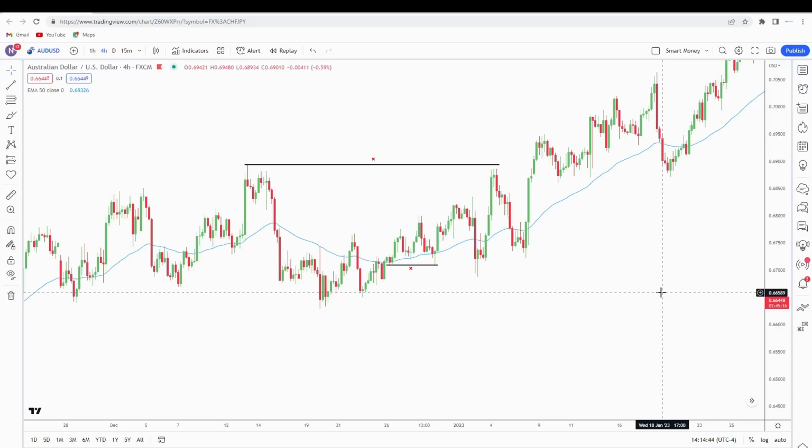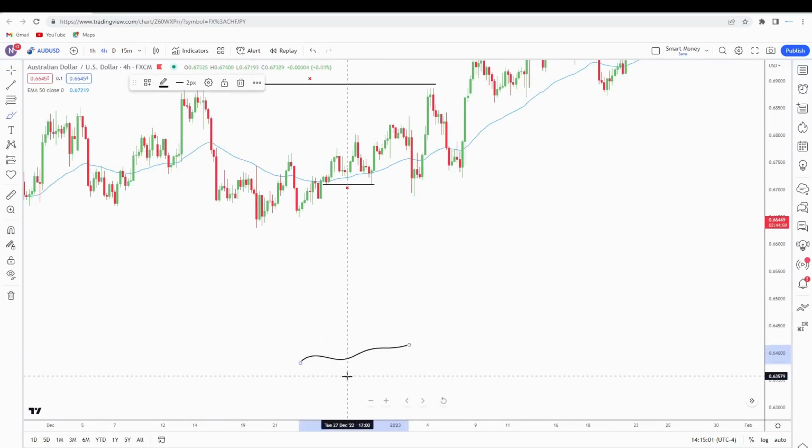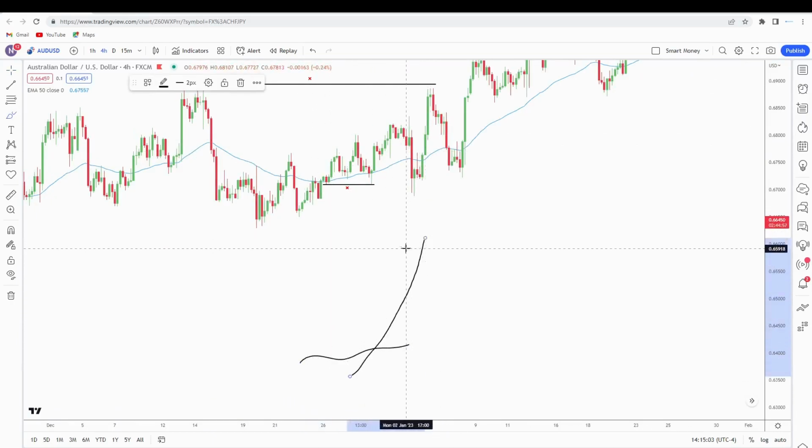If you've ever heard of mean reversion, this is oftentimes when price deviates from the norm, price will oftentimes revert back to the average of price over X amount of time. So for an example, if the EMA is right here and price shoots up very strongly, the sentiment is really overextended to the upside.